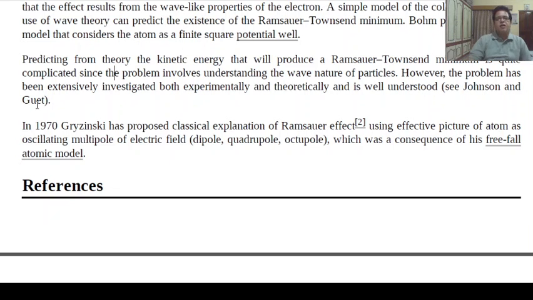See Johnson and Dwight, another scientist. In 1970, Grzyński proposed a classical explanation of the Ramsauer effect using an effective picture of the atom as an oscillating multipole of electric field: dipole, quadrupole, octupole, which was a consequence of his free fall atomic model.